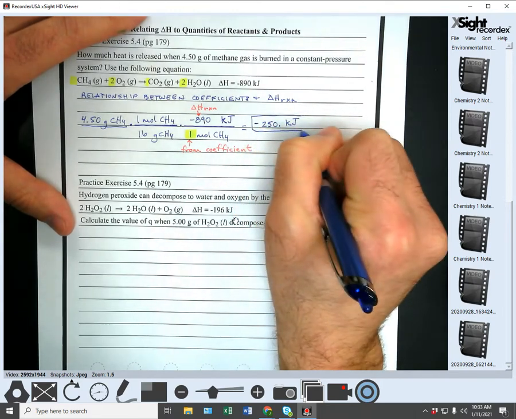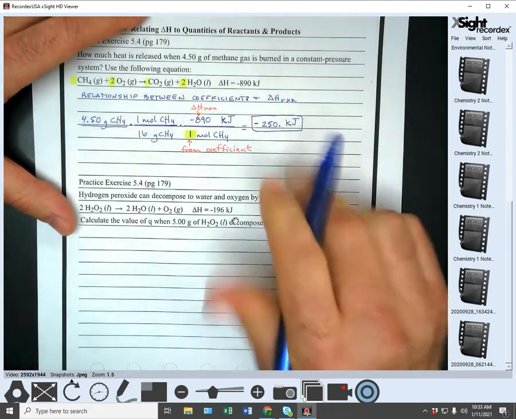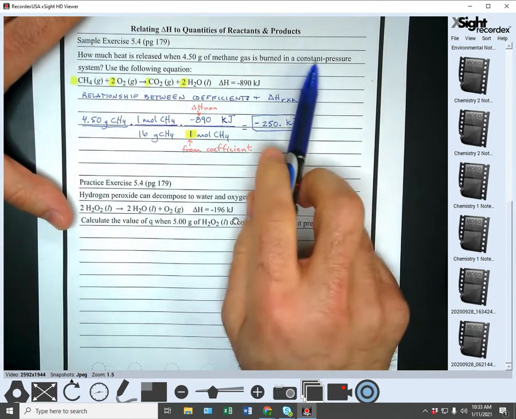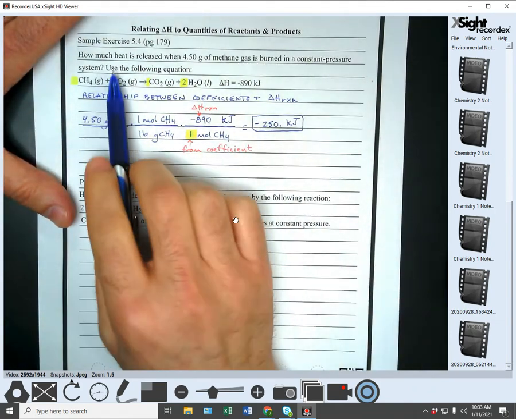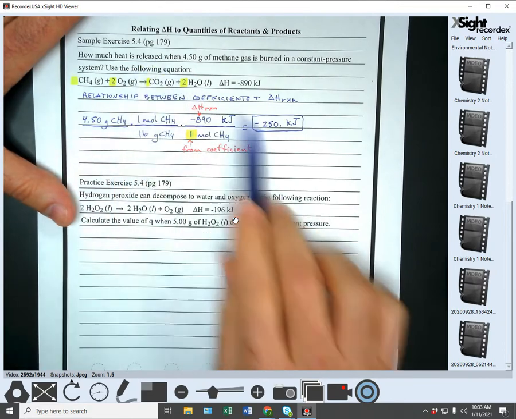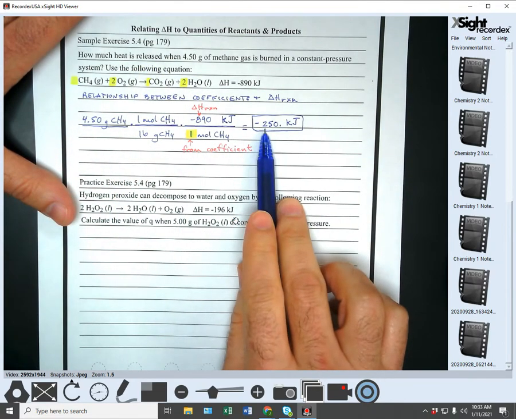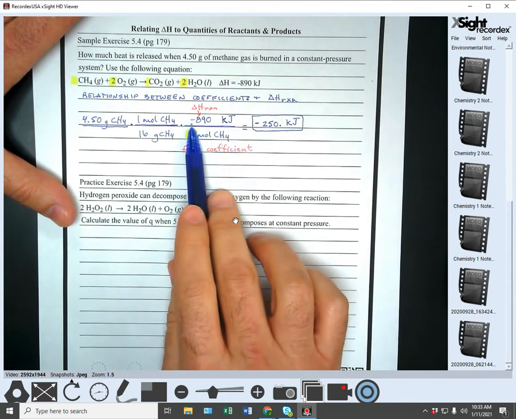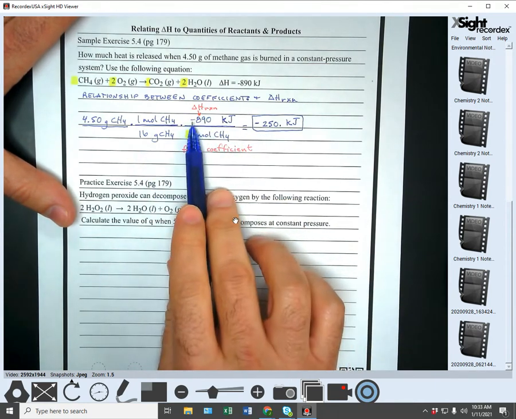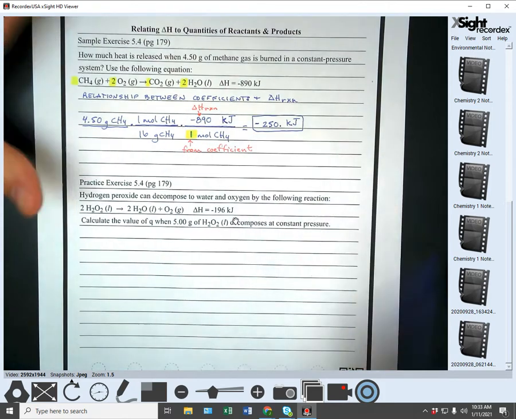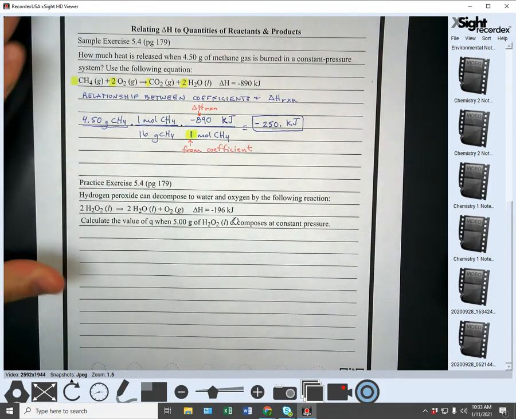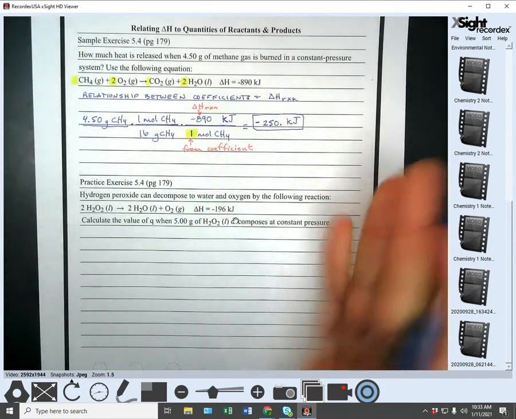Now, on this, I would also accept 250 kilojoules because of the wording of the problem. It says how much heat is released. The negative tells us it's released. So I would either take negative or positive. But if you just use the correct symbols from what's in the equation, you're never going to have it wrong. Okay. All right. That's all there is to it.